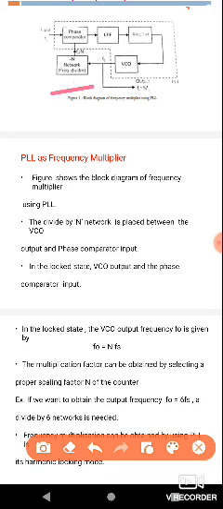The VCO output is F0, and it is given to the N network, and the N network output is applied to the phase comparator.